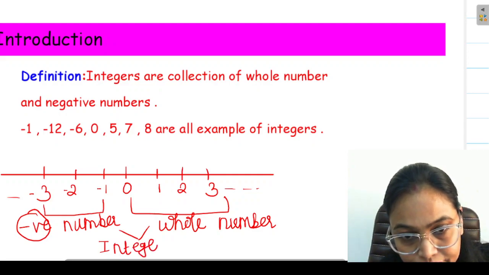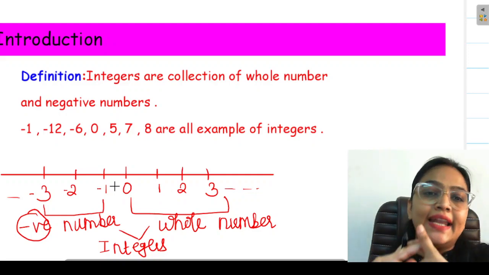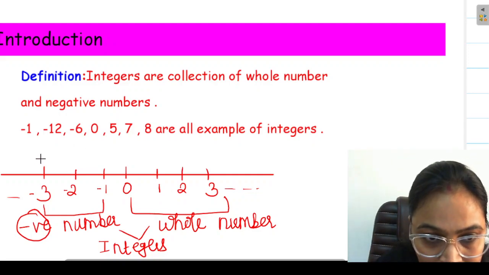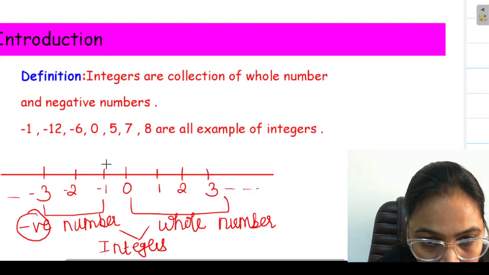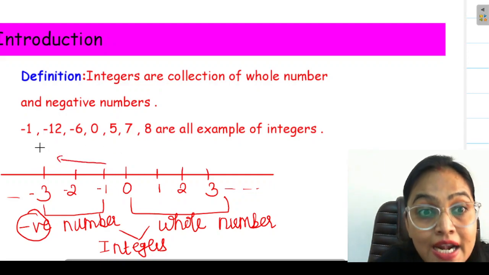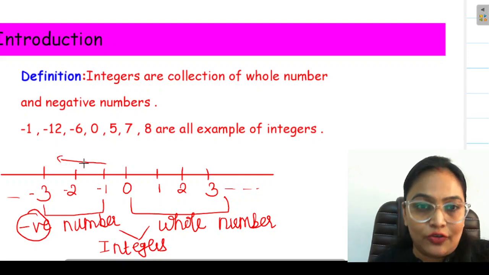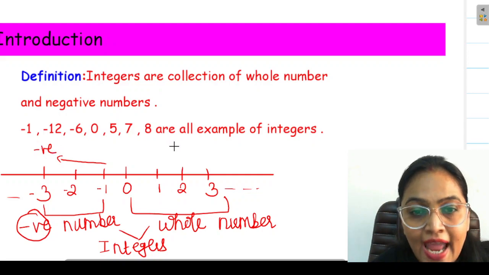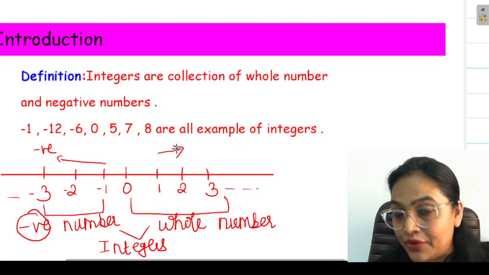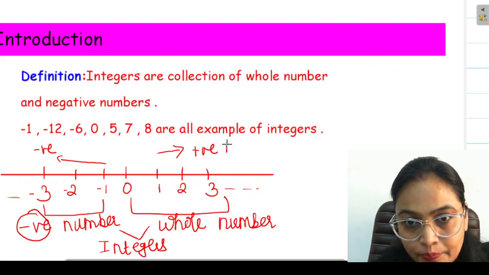Okay. Now, integers are also positive integers and negative integers. Now, the negative numbers, that is from -1 till infinity, are called the negative integers, that is in the left hand side of the 0, negative integers, right? And those on the right hand side of the 0 are called the positive integers.